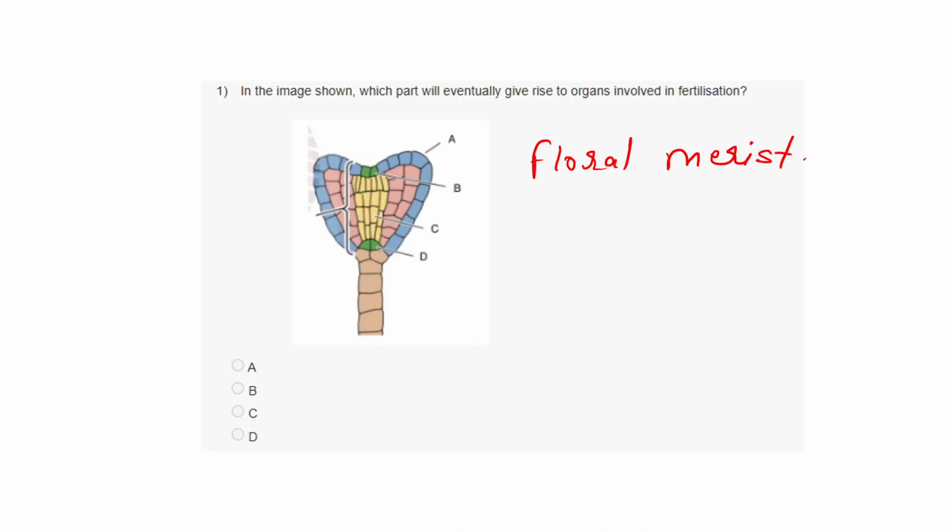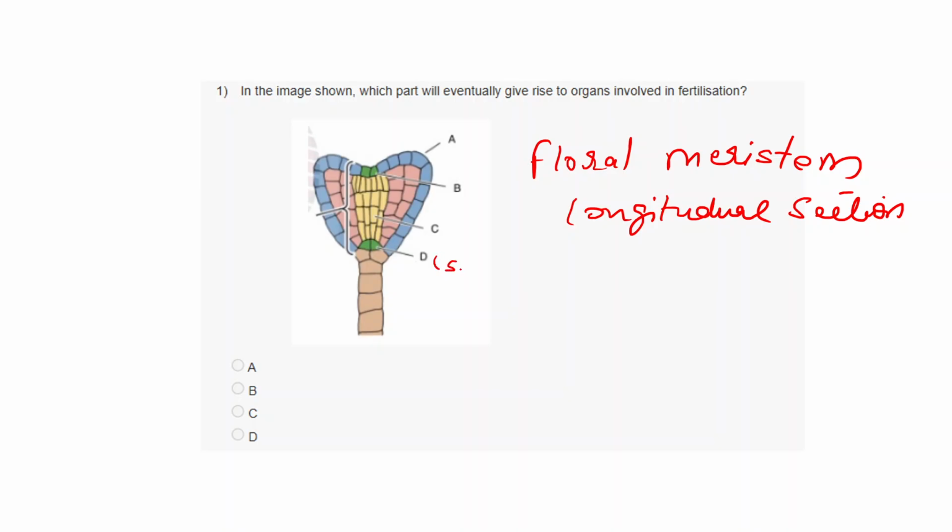So this A part, these are the outer walls, which are basically your sepals or petals. This B part is the central primordium, which will eventually develop into stamen or carpels, which are the reproductive organs involved in fertilization. The C part is the petal primordia, and the D part is the sepal primordia.